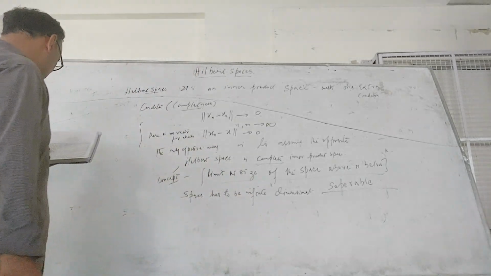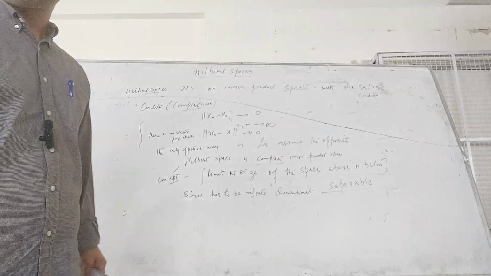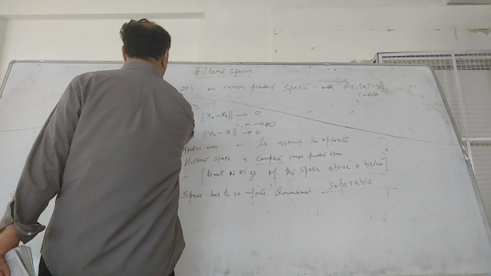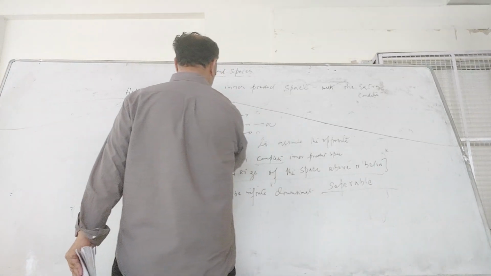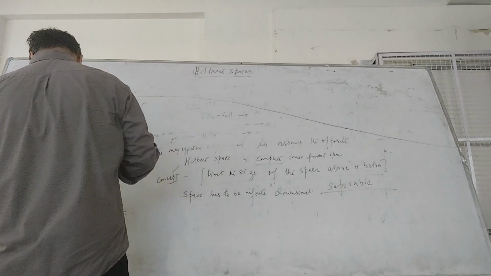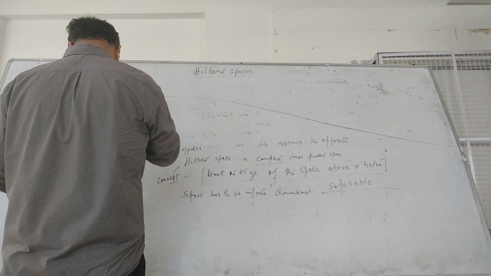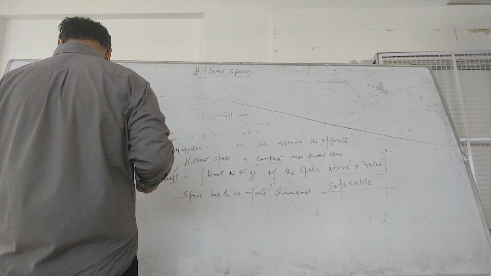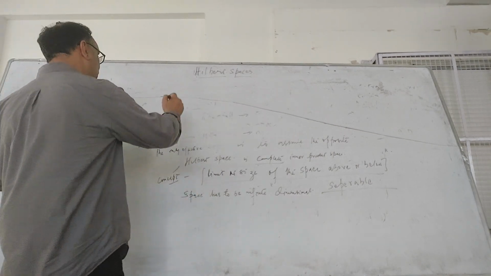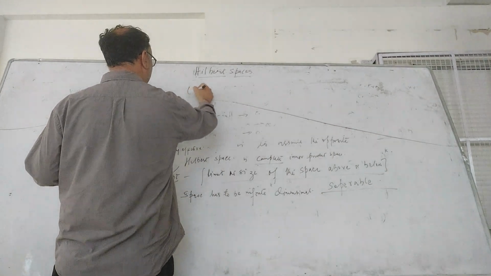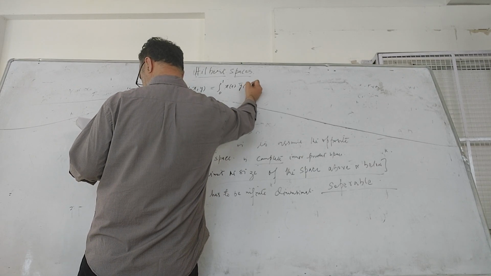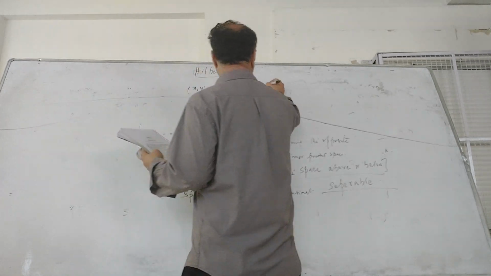So we say that the space of polynomials with inner product defined like this is not complete.